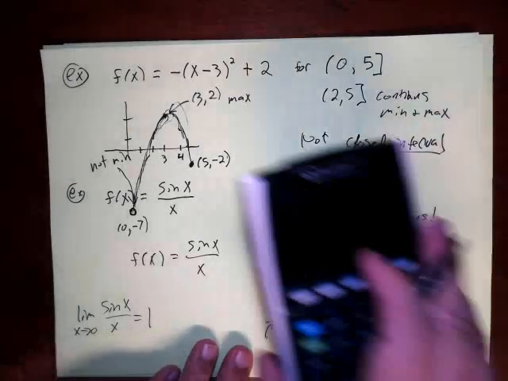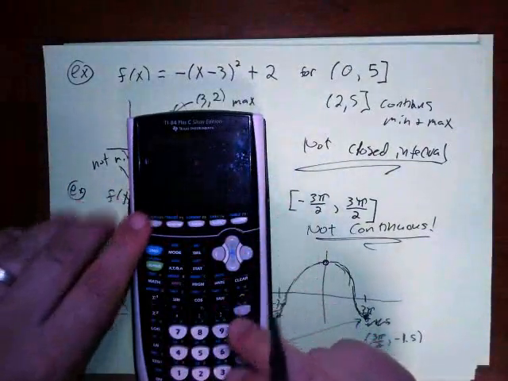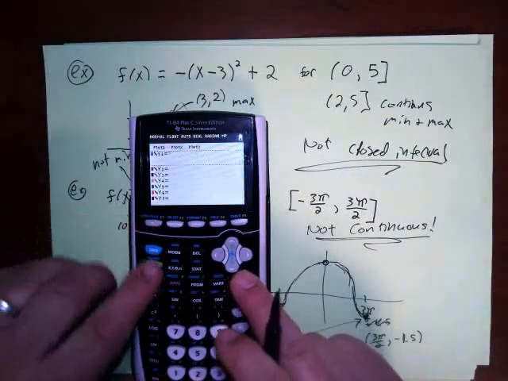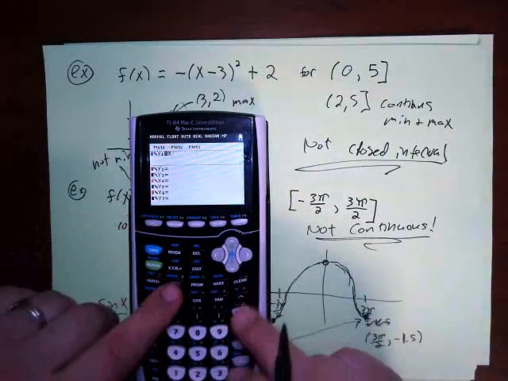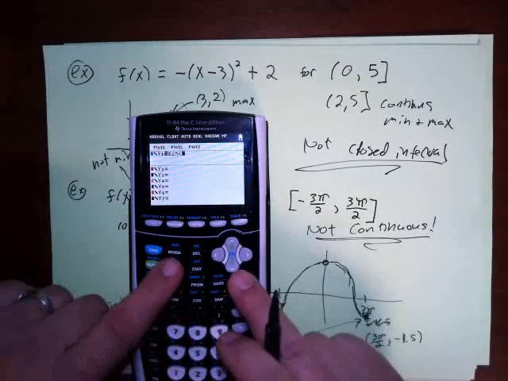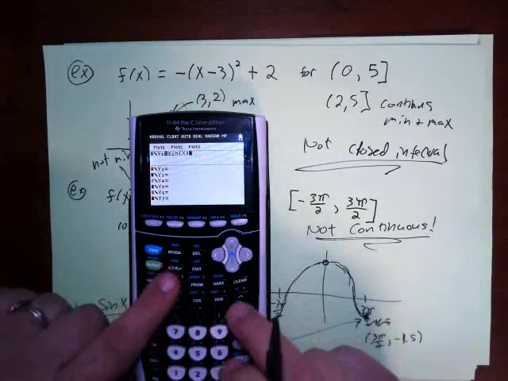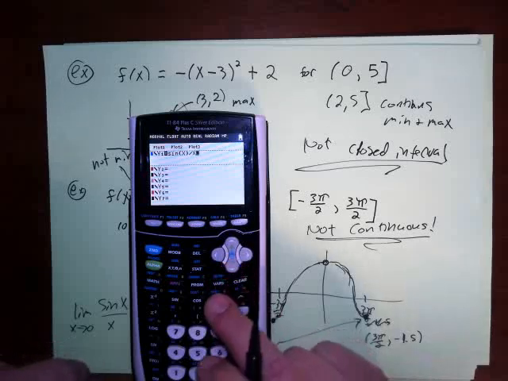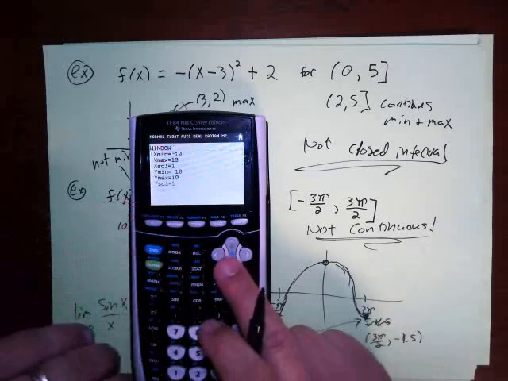And let me just make sure I'm giving you the right value. I'm going to graph that. So I'm going to do sine of x divided by x. And I want to get a good window of this.